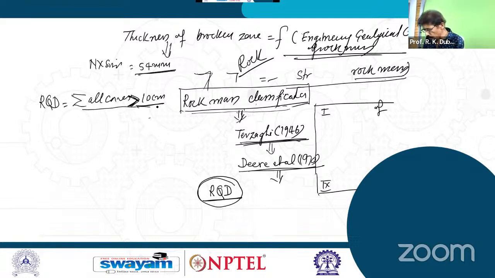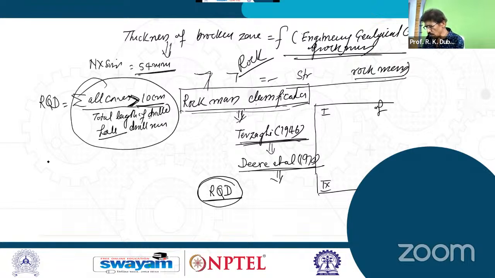So all the cores more than 10 cm divided by the total length of the drilled hole or drill run. In this way, we calculate the RQD in percentage, by multiplying by 100.